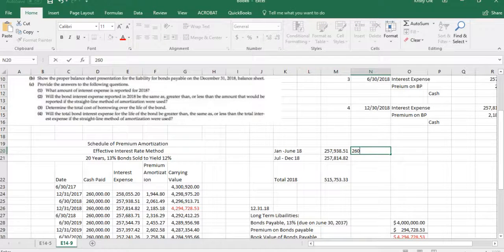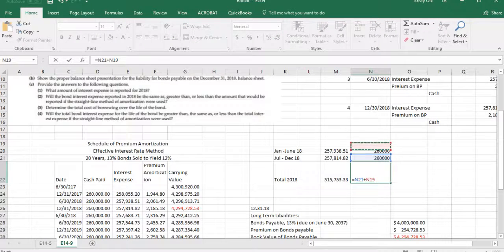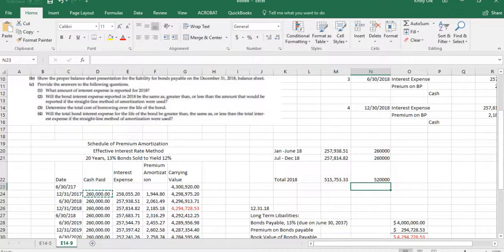We paid $260,000 each time, although we paid out $520,000, only $517,753.33 is from our earnings.